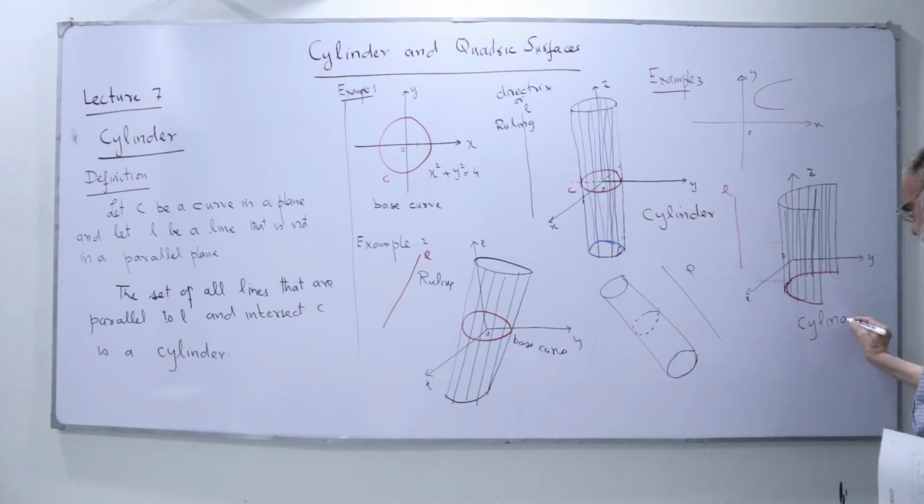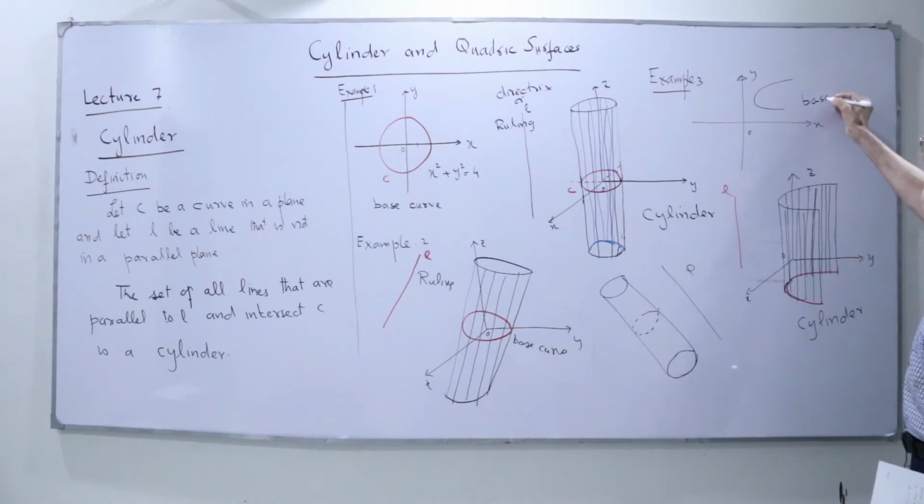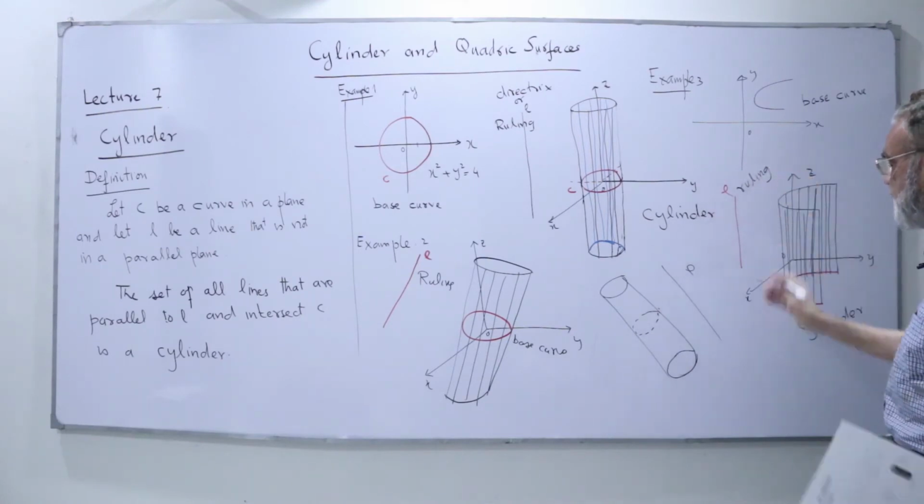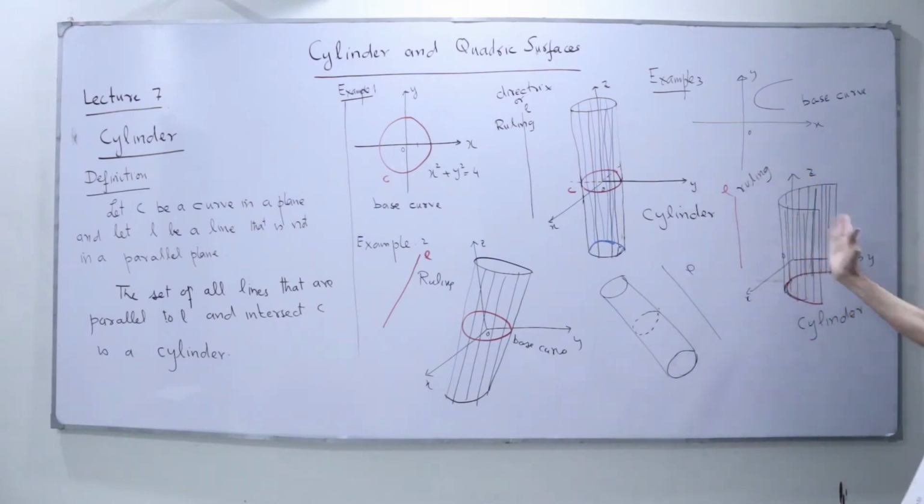Again, this is the base curve and this line is our ruling. We say this directrix. Now if you move this line, then this cylinder is moving, similar to this one.